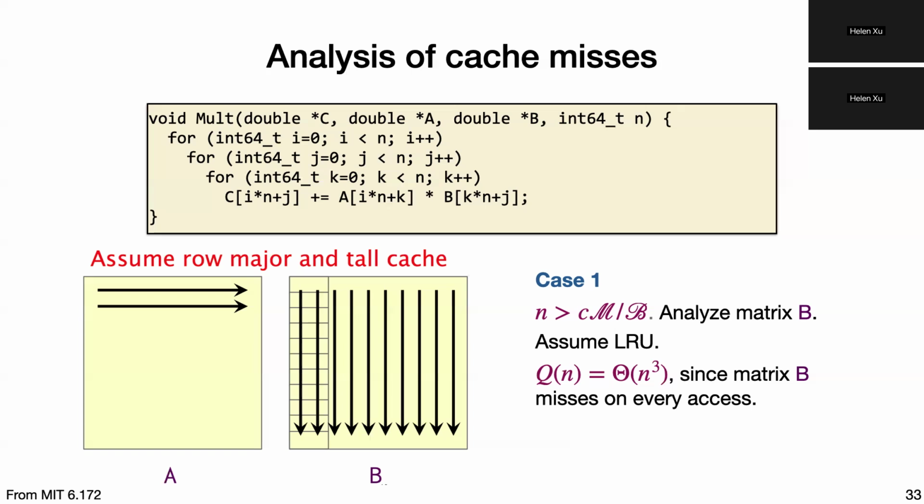We only had M over B lines to begin with, and the column is longer than M over B. So we come back around, this cache line is gone, and we have to incur another n misses to read this. This is n squared to make one pass through the entire matrix, and we're going to make n passes through the thing. So that's n cubed.